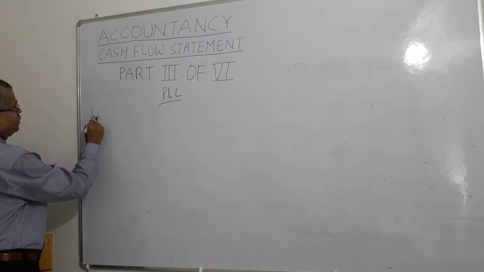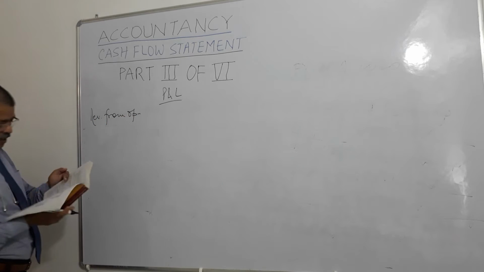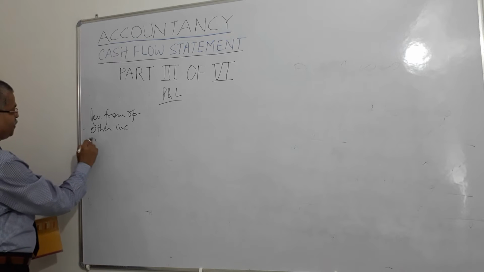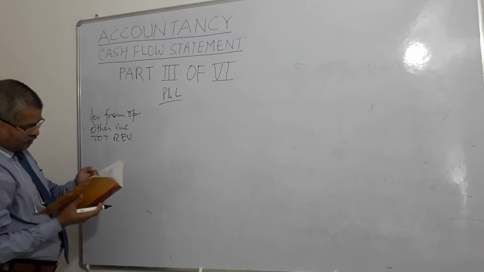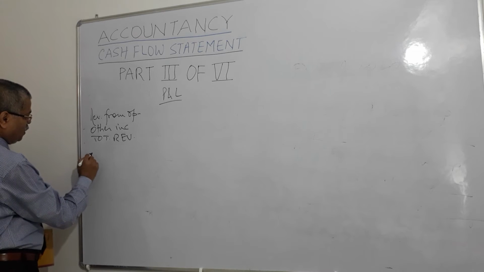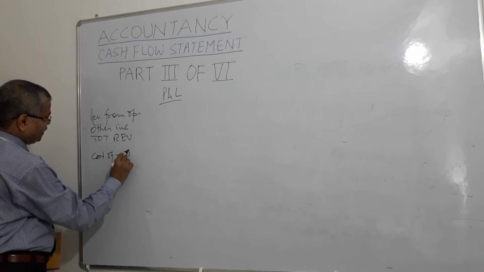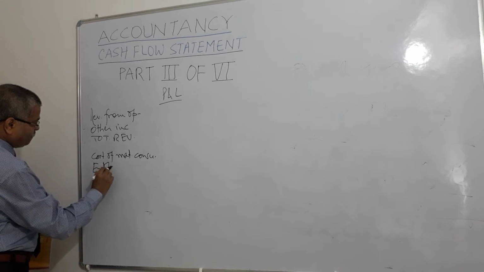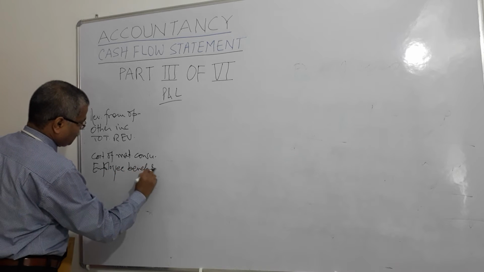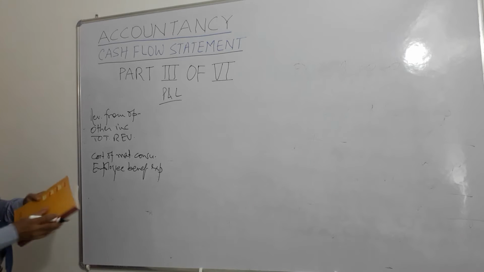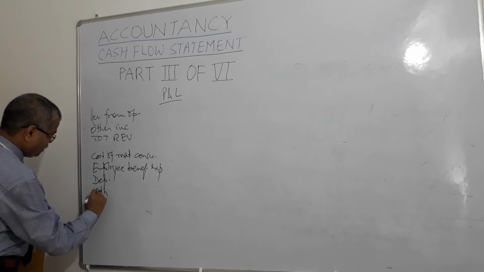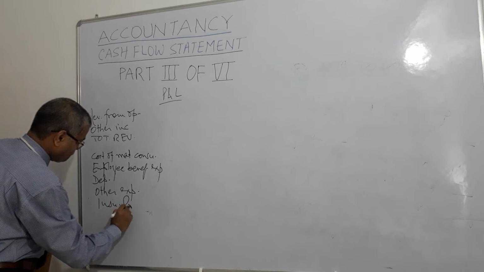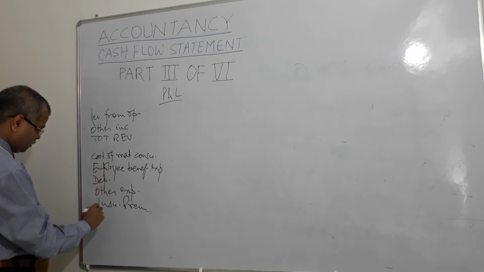Here they have given revenue from operations, other income, total revenue, expenses: cost of materials consumed, employee benefit expenses, depreciation, other expenses, insurance premium, total expenses.